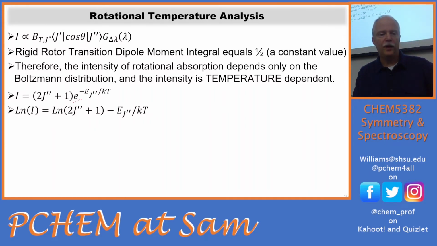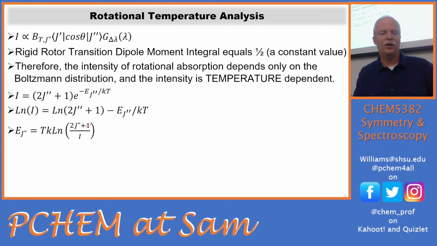And then again, we have a product here, so the log of the product is the sum of the logs. This log of e just brings down the exponent here. Now I'm going to switch sides with this. I'm going to bring the intensity, the intensities of our transitions, over, and I'm going to bring the E over to the left side. Then I have a difference in logs, which is again the ratio.